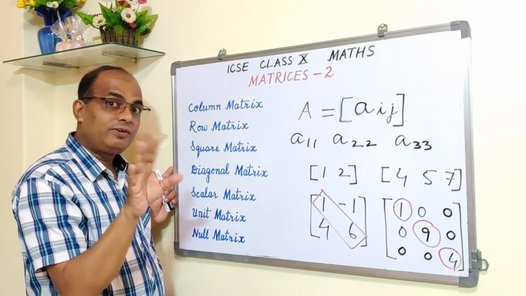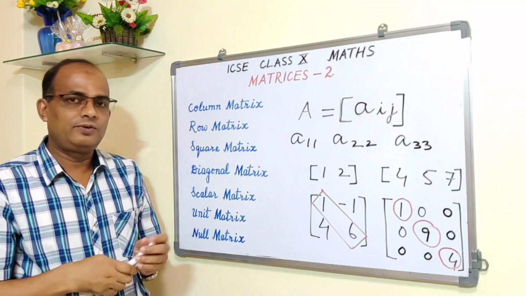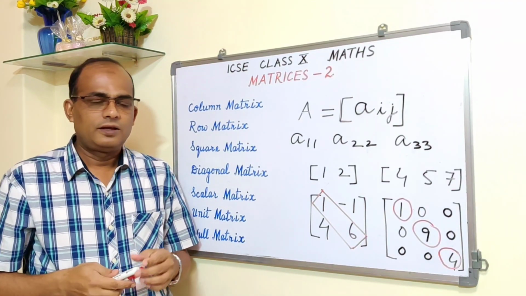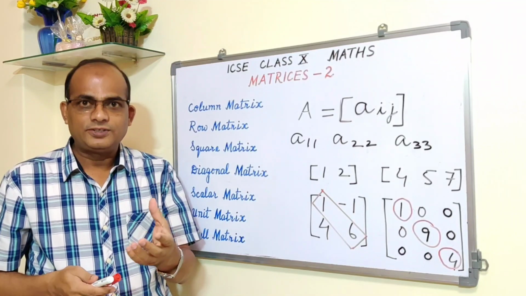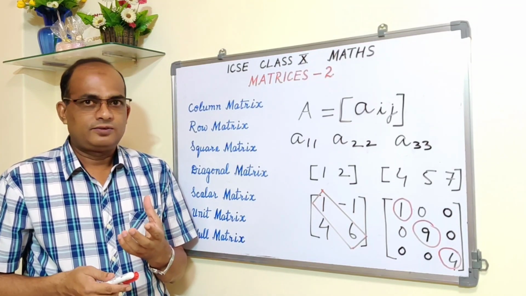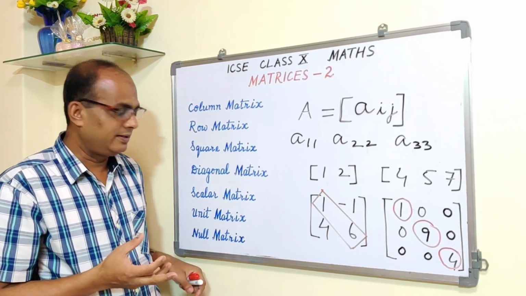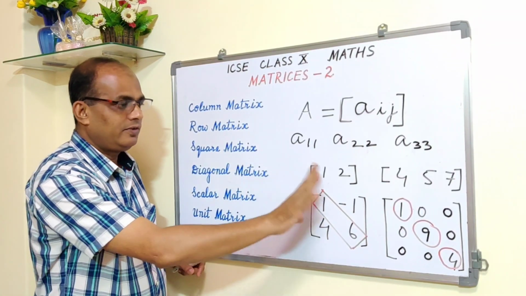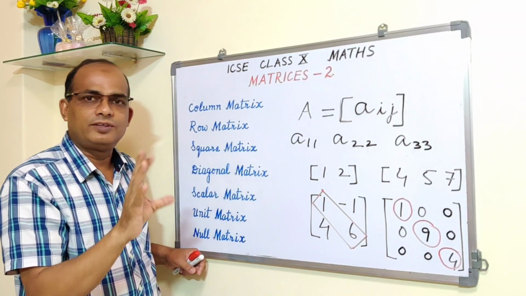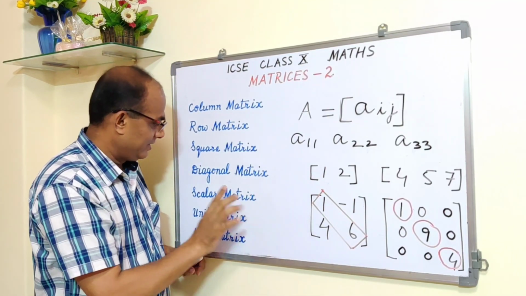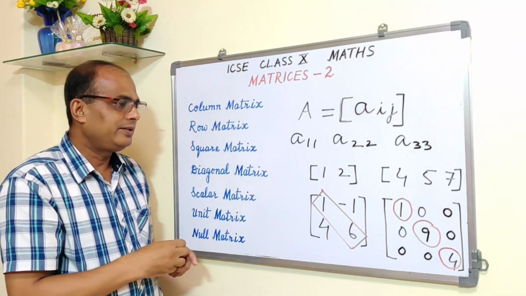Please understand. This will help you in higher classes also. As I told you earlier, when you are in college, in 12th standard, we have matrices and determinants. So this concept will help you. At least you are familiar with this. What is a diagonal matrix?